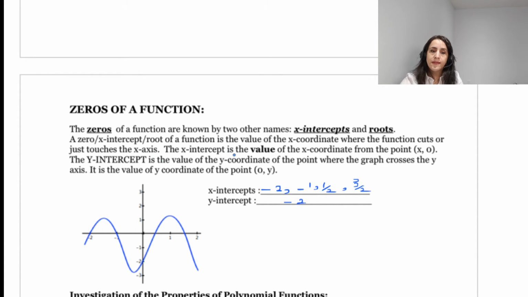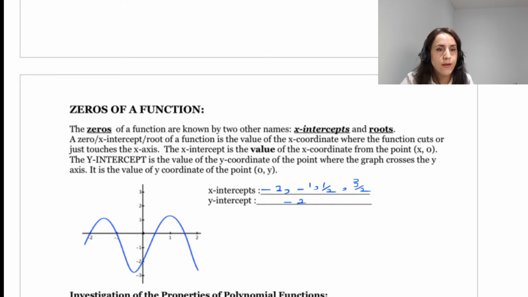The x-intercept is the value of the x coordinate from the point (x, 0). The y-intercept is the value of the y coordinate of the point where the graph crosses the y-axis, and the point is (0, y). When I'm talking about the y-intercept, the x value is 0. When I'm talking about the x-intercept, the y value is 0.